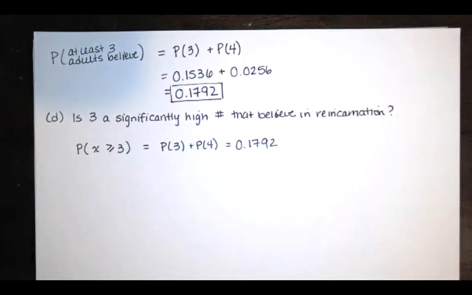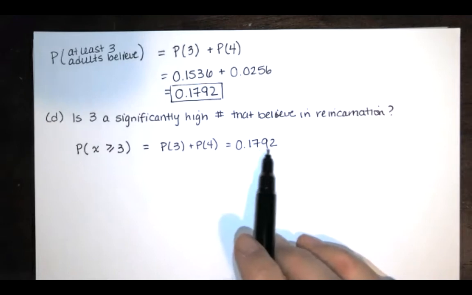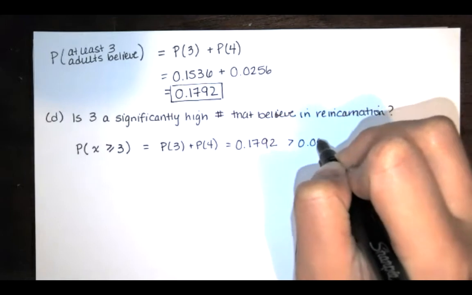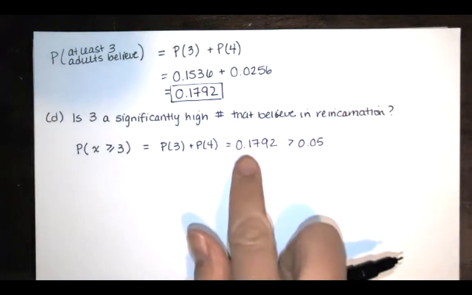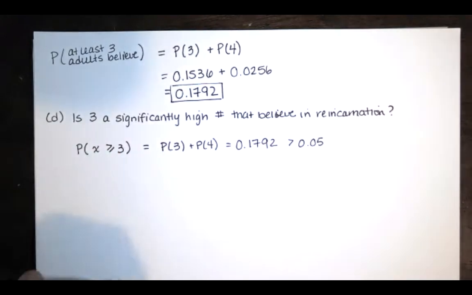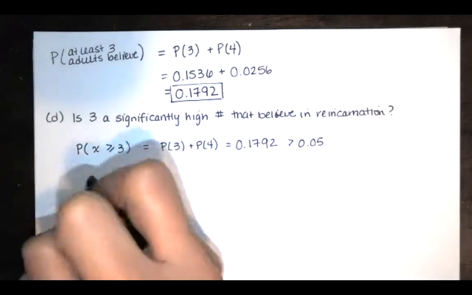Now, if I convert this to a percentage so I can better understand it, what this tells me is that the probability that 3 people in that randomly selected group of four people believe in reincarnation, or all 4 of them believe in reincarnation, is 17.92%. That's definitely greater than 0.05. This is not particularly rare. Since this is not particularly rare, 3 is not a significantly high number.